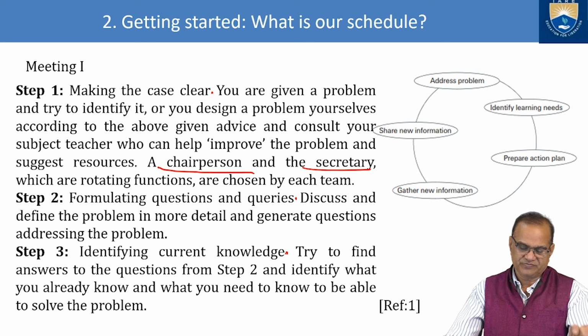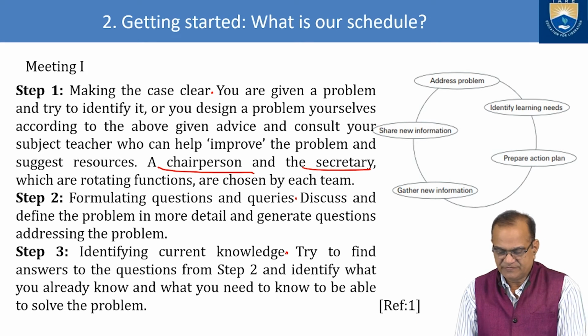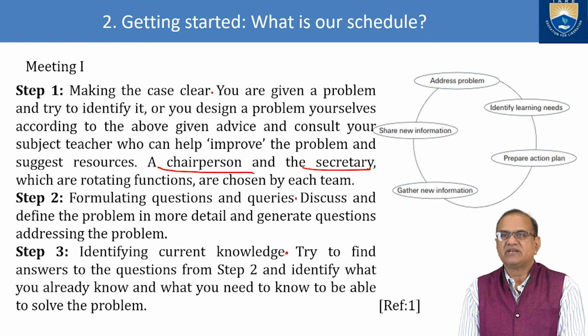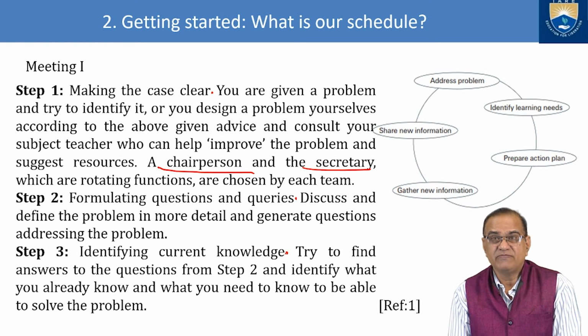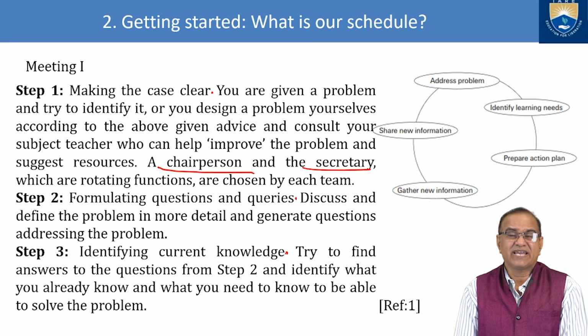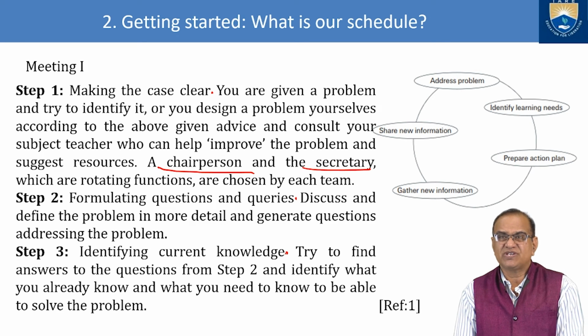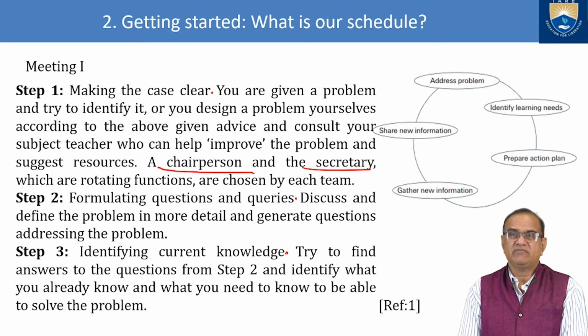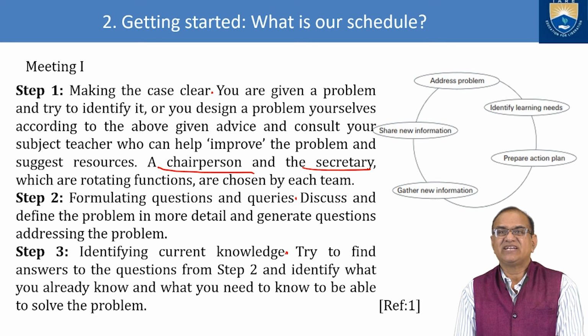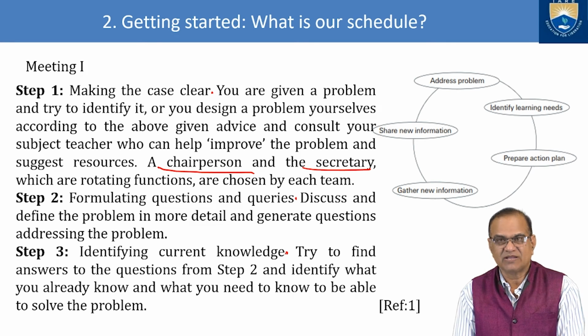So in this, the first thing is to start the meeting and find the problem. Then in the second step, formulate the questions and the queries, discuss and define the problem in more detail and generate the questions addressing the problem.